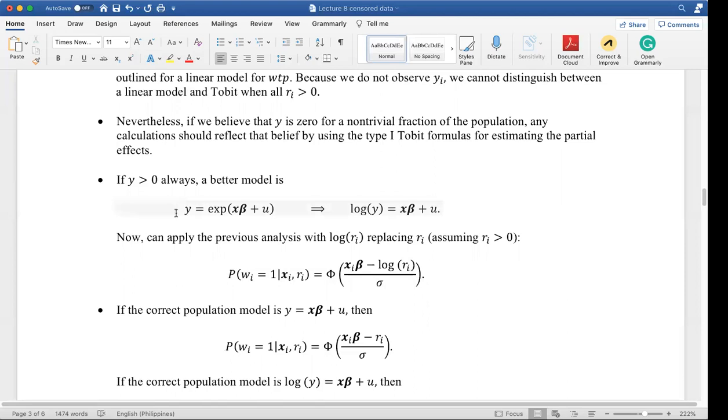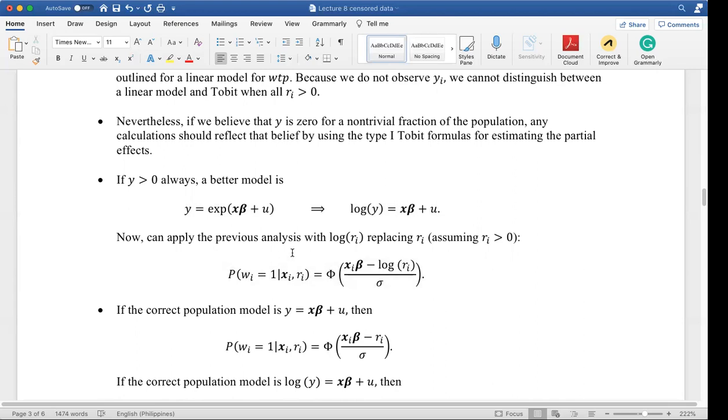Alternatively, this is the same model as log of y is equal to x beta plus u. So really, these are not two alternative models. They just say the same thing because the logarithmic function is just a positively monotonic transformation of this, right?